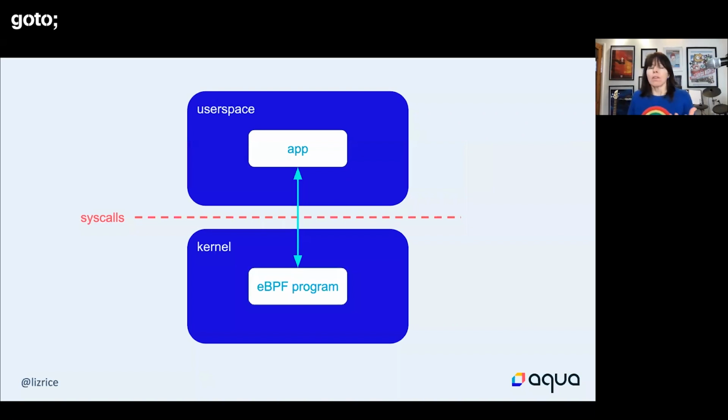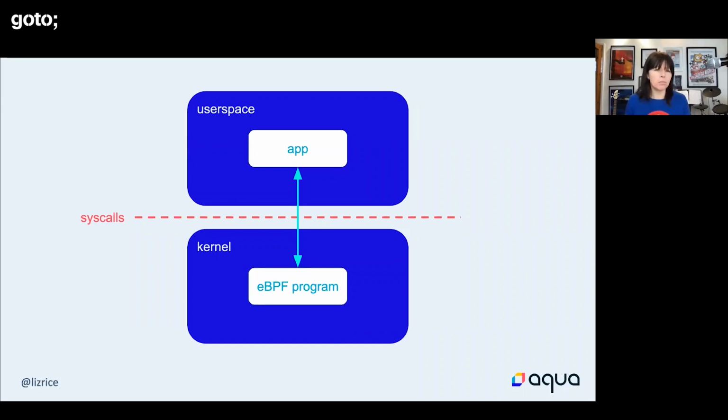So we have some eBPF code that's going to run in the kernel. We have user space application code that, as developers, is normally where we're used to writing code. And there's a system call interface between the two.